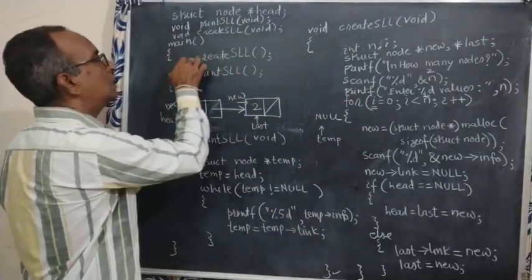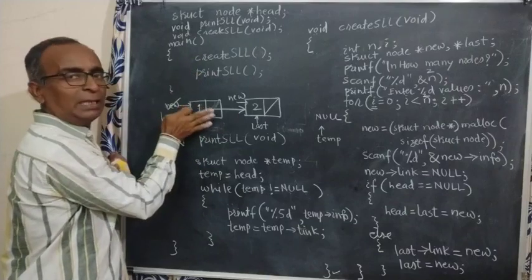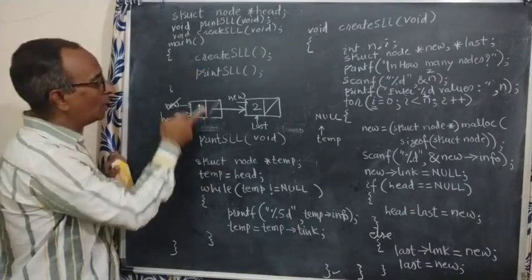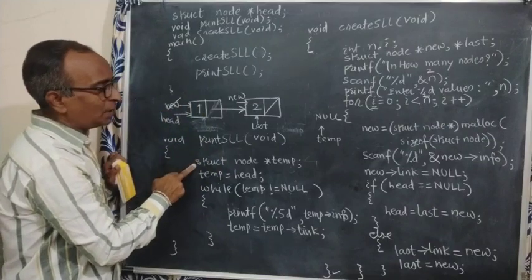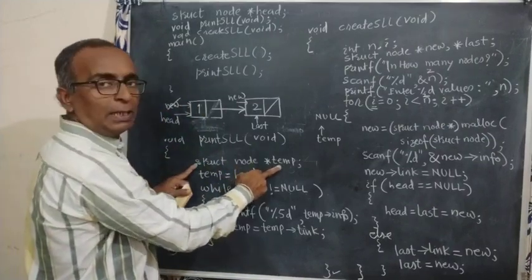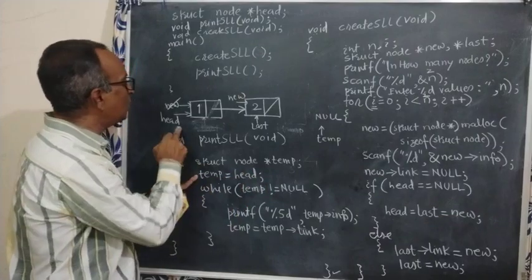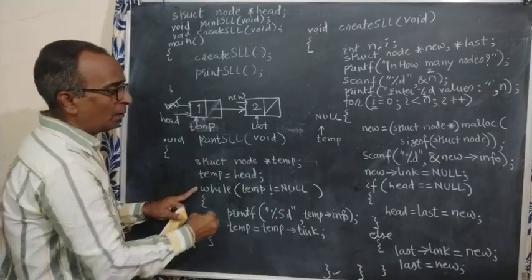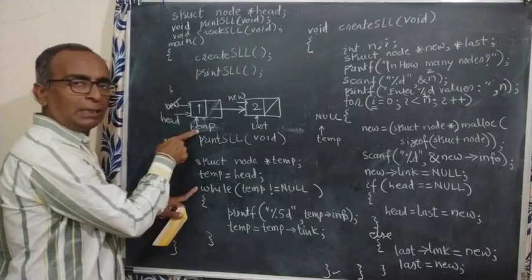So it returns here. So the list is created and it is pointed to by head now. Then printSLL is called. Control comes here. First statement, temp is created, one variable. Head is given to temp, so temp will point here. While temp not null: is temp null?